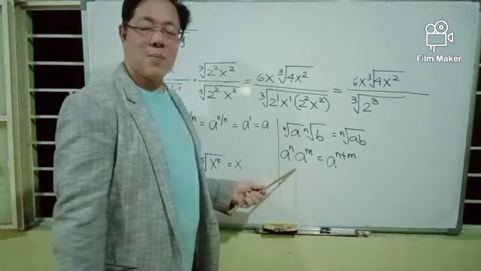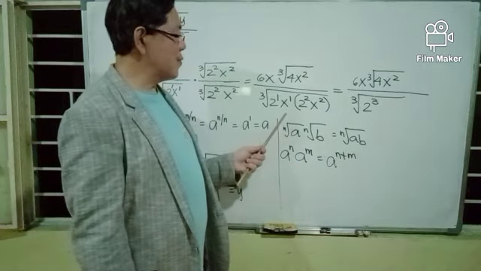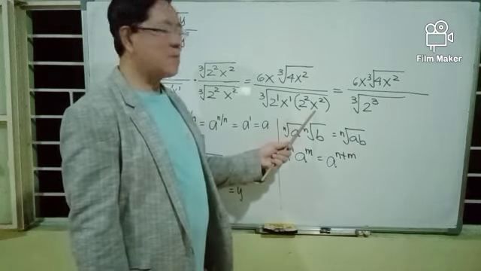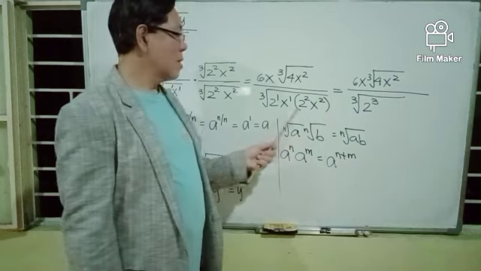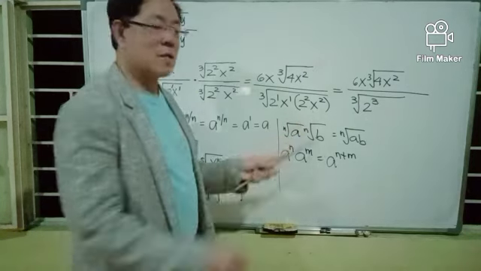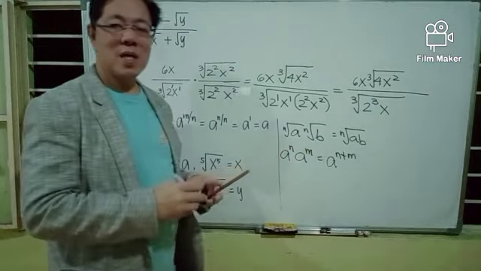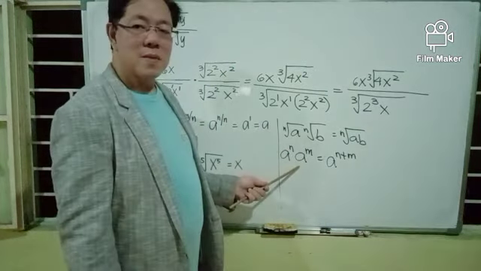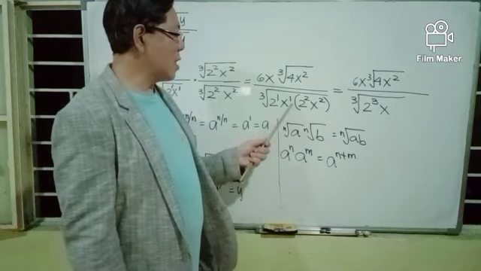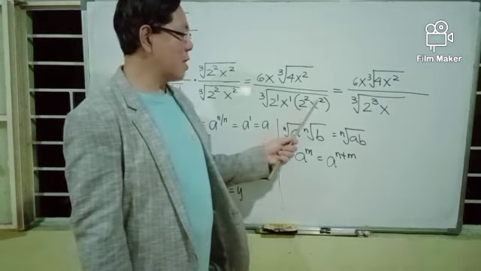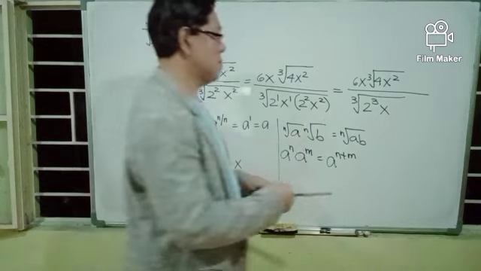And we apply the same property of exponent to multiply x raised to 1 multiplied by x squared. The common base is x. We add the exponents of x. 1 plus 2 here is 3.